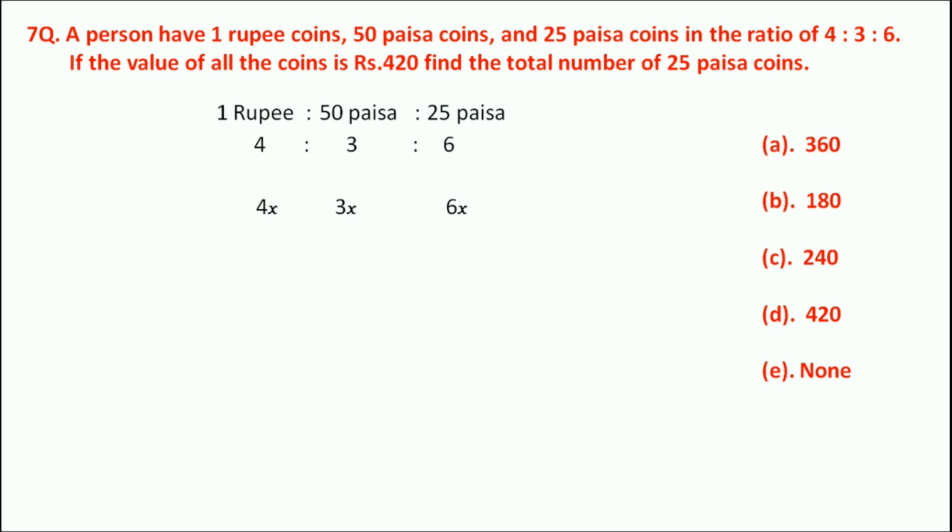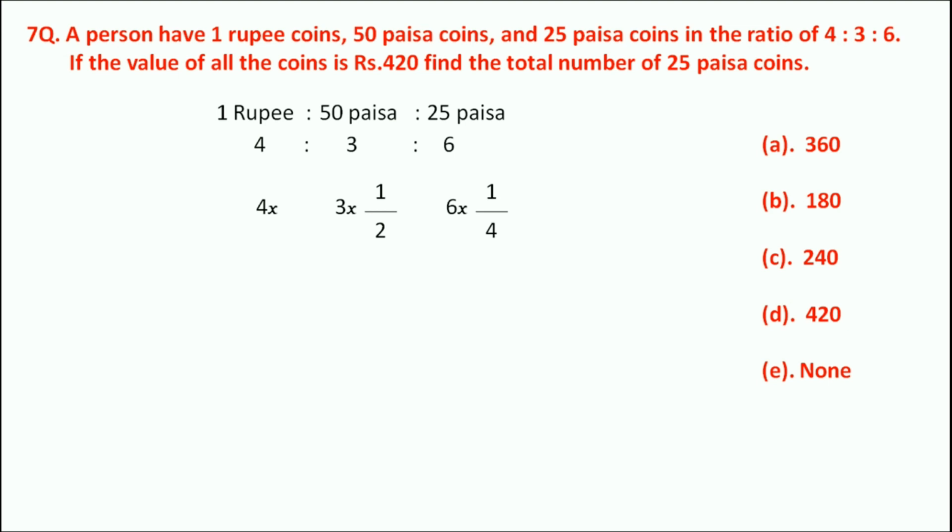50 paisa is half of the rupee. So to convert 50 paisa to rupee format we should multiply it with 1 by 2. And in the same way 25 paisa is 1 by 4th of the rupee. So to convert 25 paisa to rupee format we should multiply it with 1 by 4.